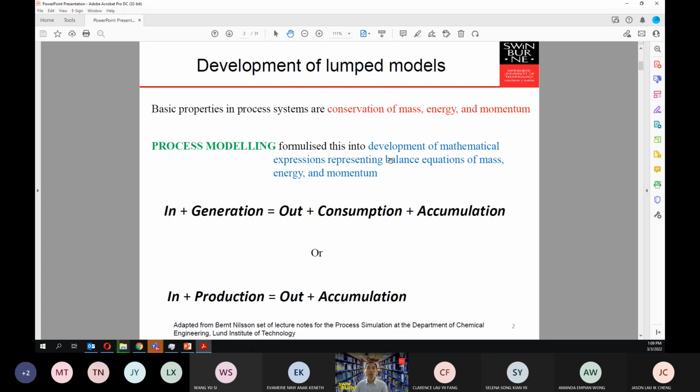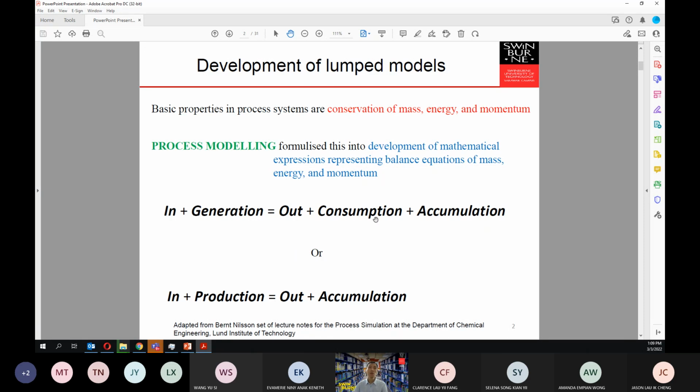So in the process modeling for the lumped model, if we want to develop the lumped model, we always use this conservation law. Okay. The one on the top in here is in plus generation is equal to out plus consumption plus accumulation, or in plus production is equal to out plus accumulation. So what is important in here is that you can see that from the top you have 5, the one on the bottom you only have 4.